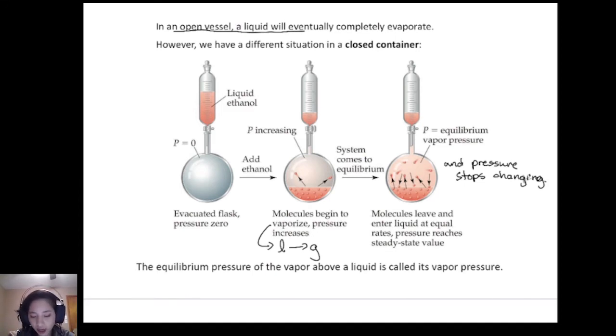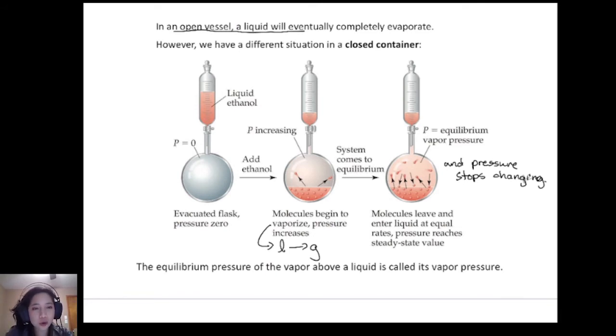It's actually that the rate at which molecules leave and enter the liquid are equal. Every time a gas particle enters the liquid and becomes a liquid, at the very same time a liquid molecule will vaporize and become a gas. So you have gas molecules becoming liquids, liquids becoming gases, and both of those rates are the same. So you see a net change of 0. And so that's why the pressure stops changing.